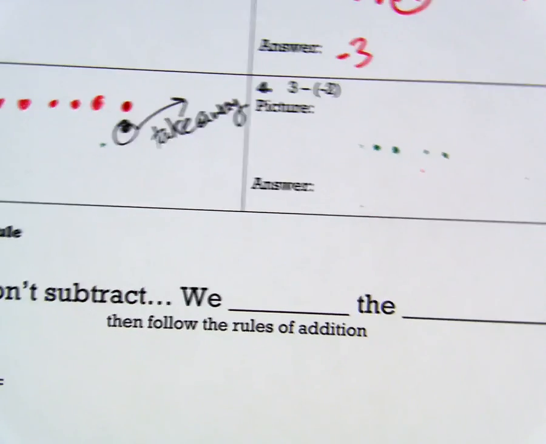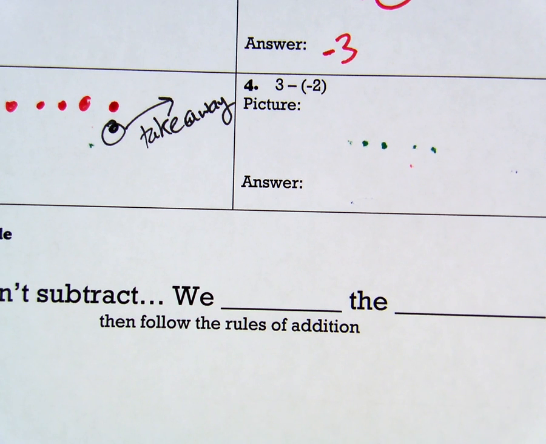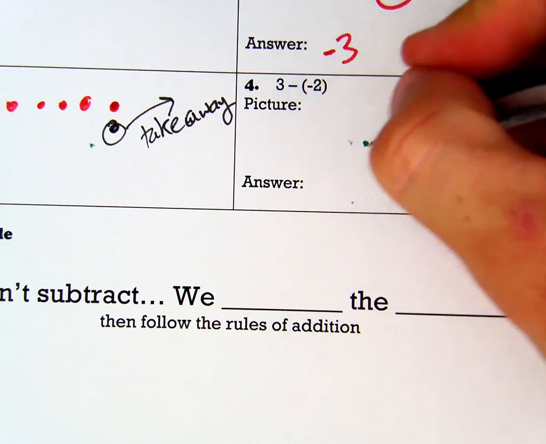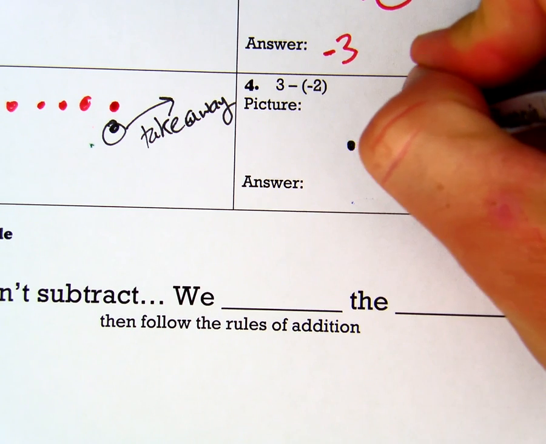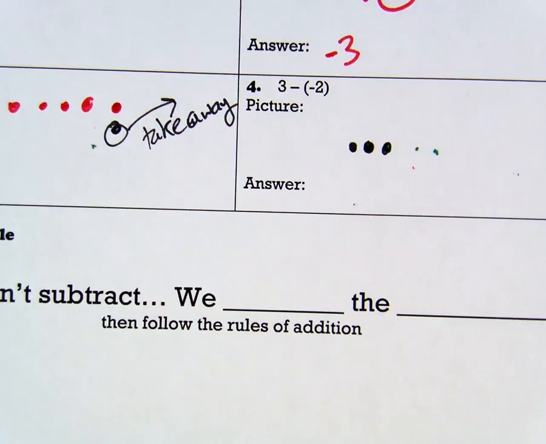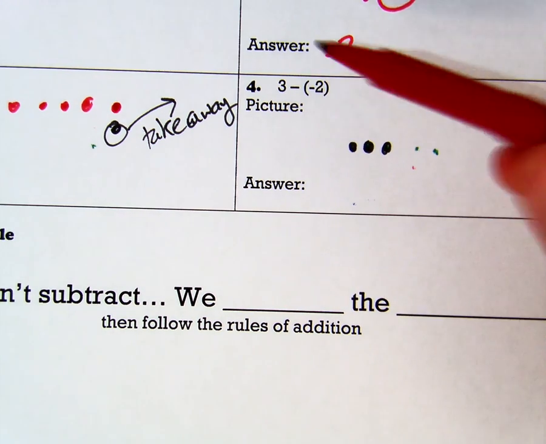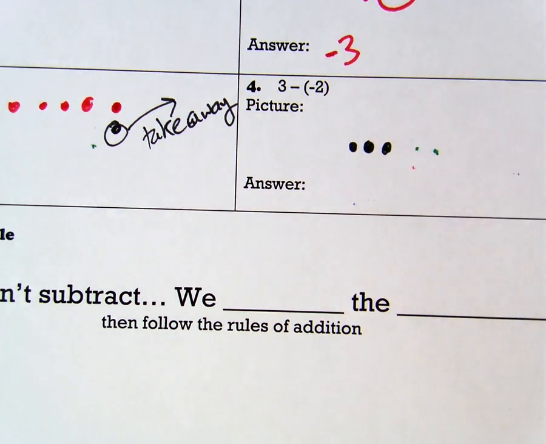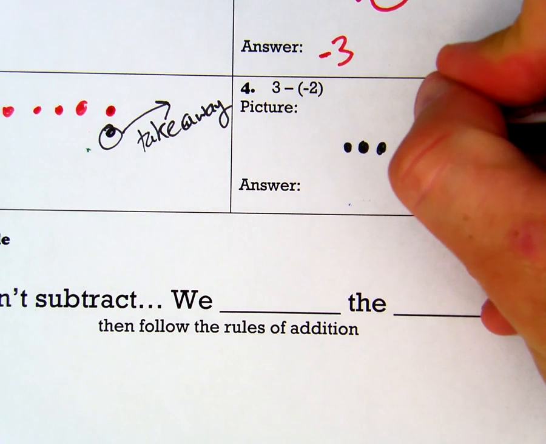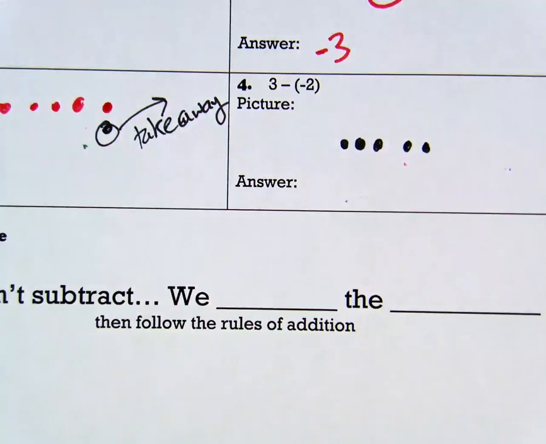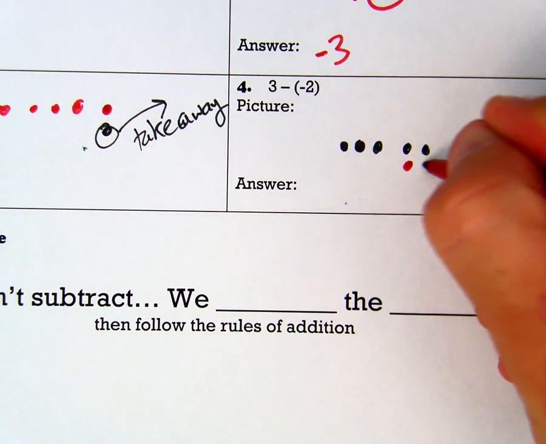Alright, let's look at number 4. It's going to be just like it. So I'm going to start with positive 3. 1, 2, 3. And then it says subtract 2 negatives. I have no negatives there to take away from. So I'm going to add 2 more positives and 2 negatives there.